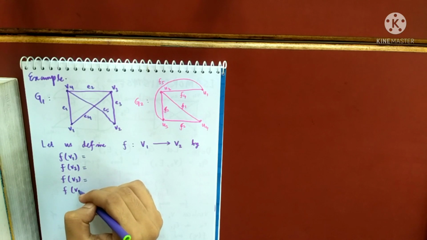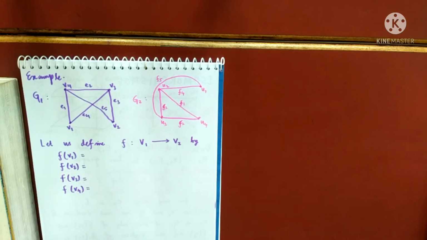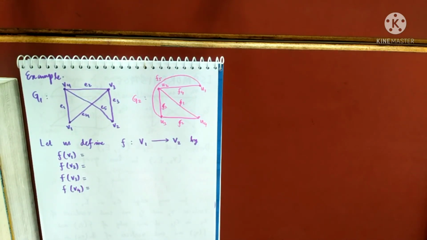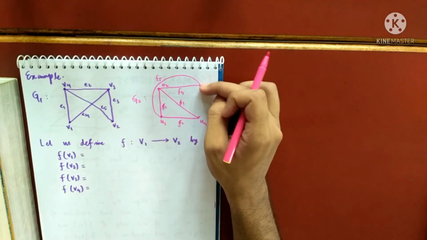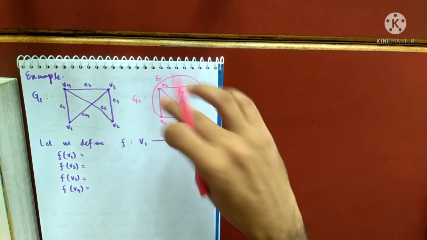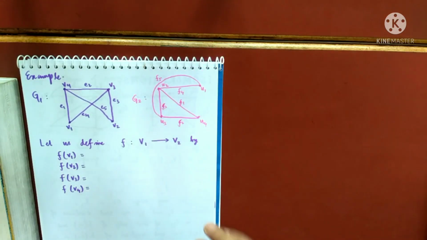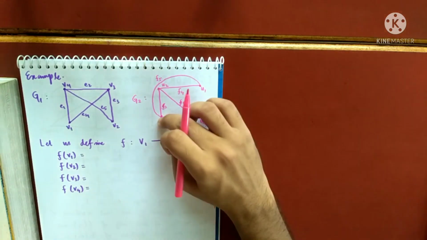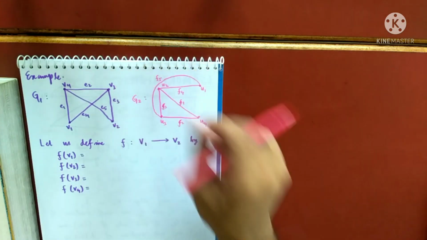This map should be one-one and onto. Now you see, I will think very wisely. I'll just stretch this and keep it here, and just turn this like this. Try to imagine.